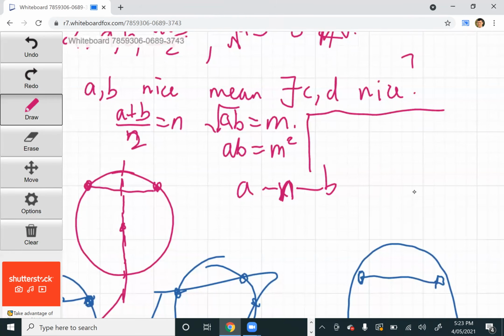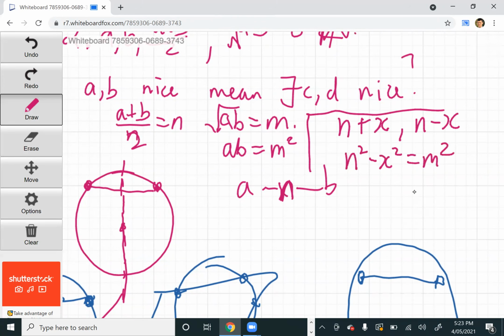Oh, so you're saying it's n plus x and n minus x. That's c and d. Is that what you're saying? Yeah, and then you multiply them together: n squared minus x squared equals m squared. That looks very much like Pythagoras. Also, if you rearrange it, it's symmetrical.